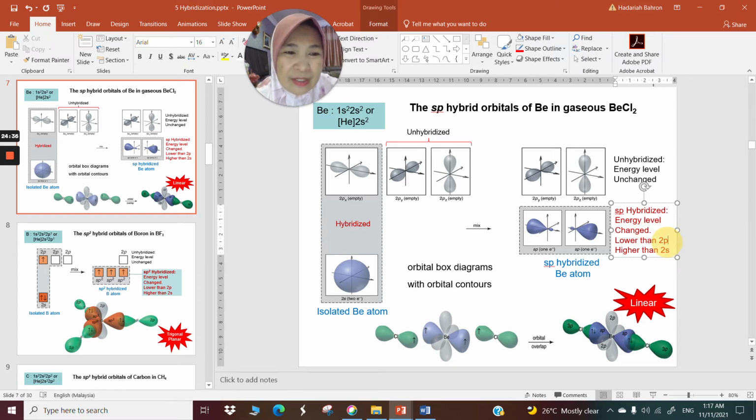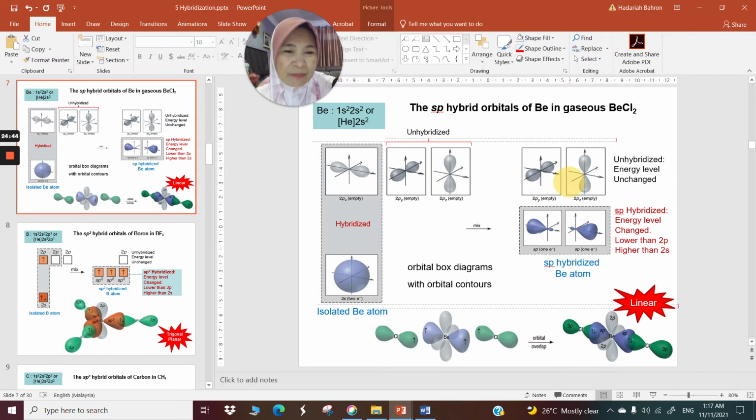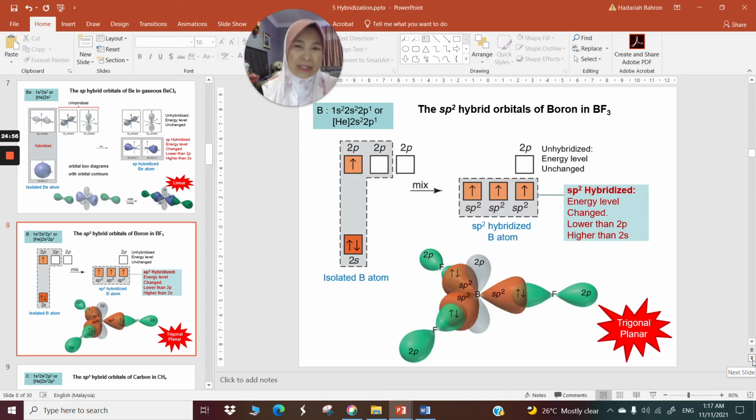It's going to be higher than the 2s and lower than the 2p. Yeah, so this is your sp hybridized beryllium, which is this one. And this is your isolated, unhybridized yet. So that is the first example of hybridization of sp.